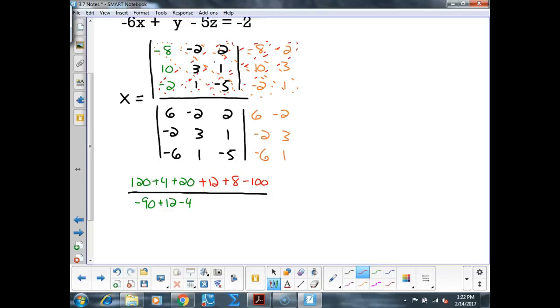And then minus negative 36 minus 6 or minus negative 20. So on top, 124, 144, 164, 64.